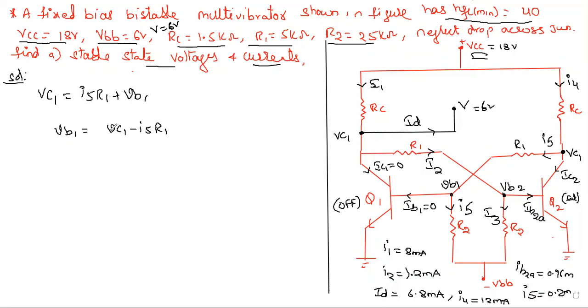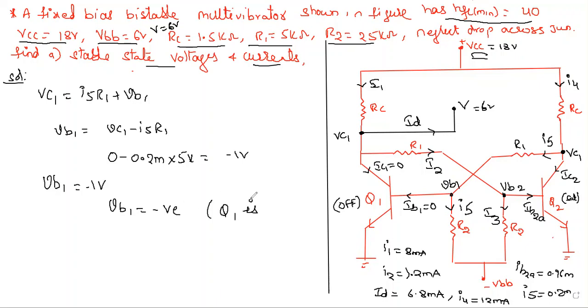I5 is 0.2 milliamps, VC1 is 0, minus 0.2 milli into R1, which is 5K. So it is approximately 1 volt. So VB1 is equal to minus 1 volt. That means VB1 is negative, which in turn says that Q1 is in cutoff.